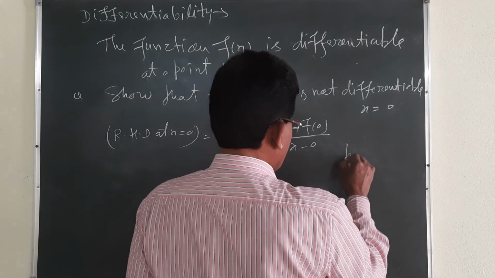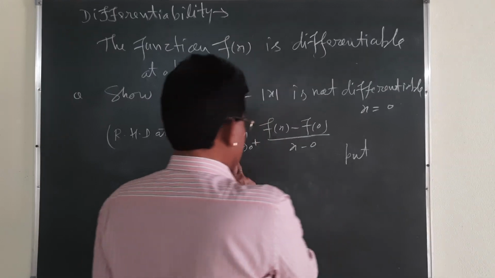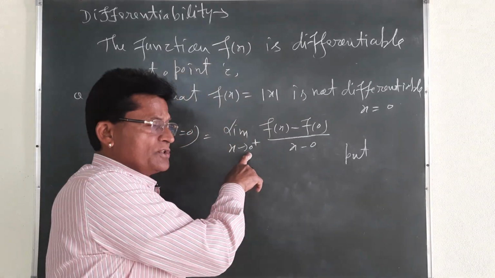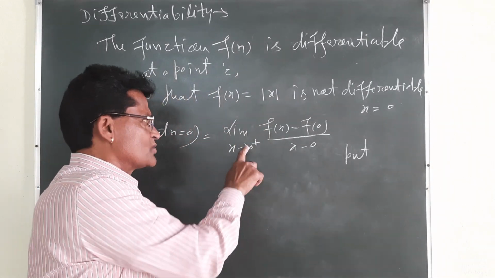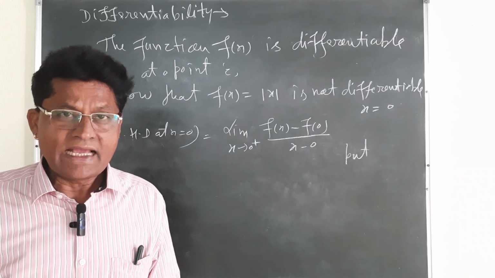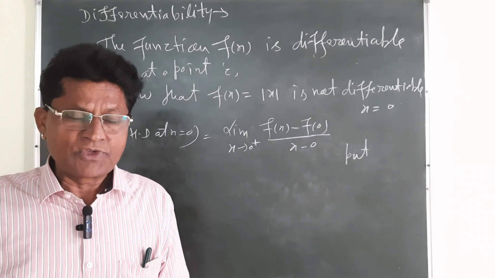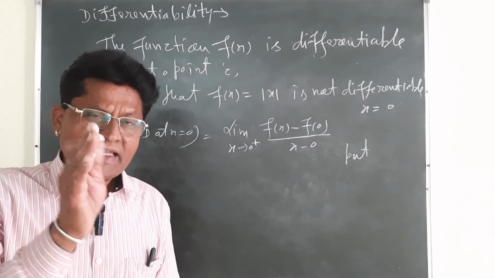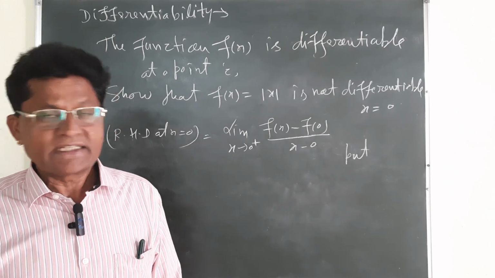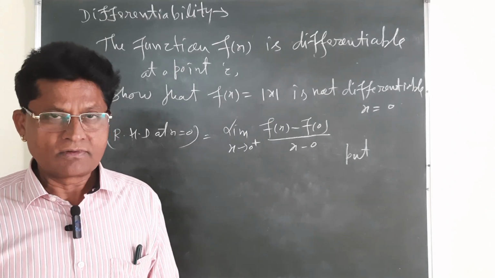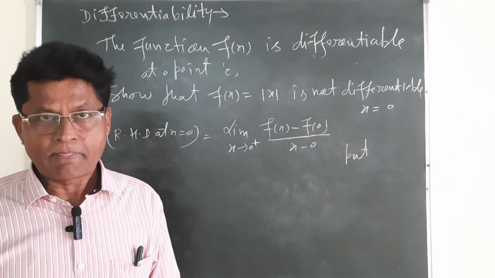Put x equal to 0. It is not actually; x tends to 0 plus. X tends to 0 means it will not be equal to 0. Either it may be less than 0 or greater than 0, but it is not equal to 0. This is the meaning of this limit.